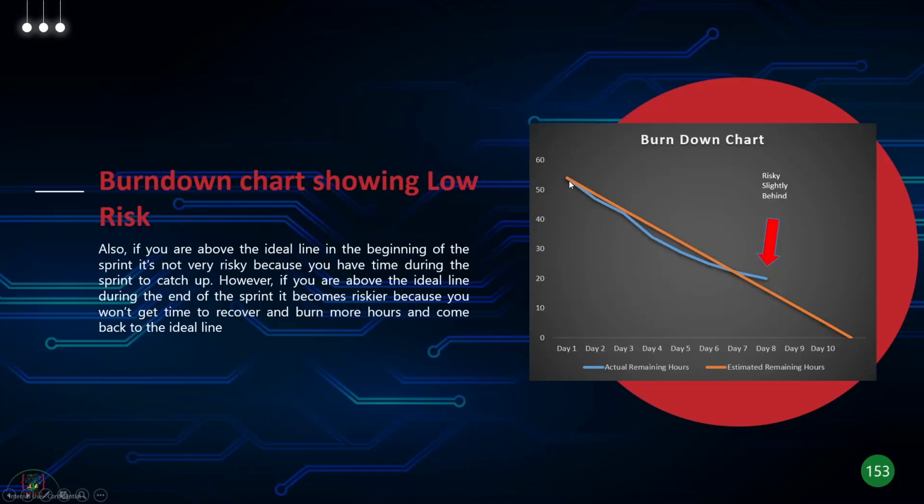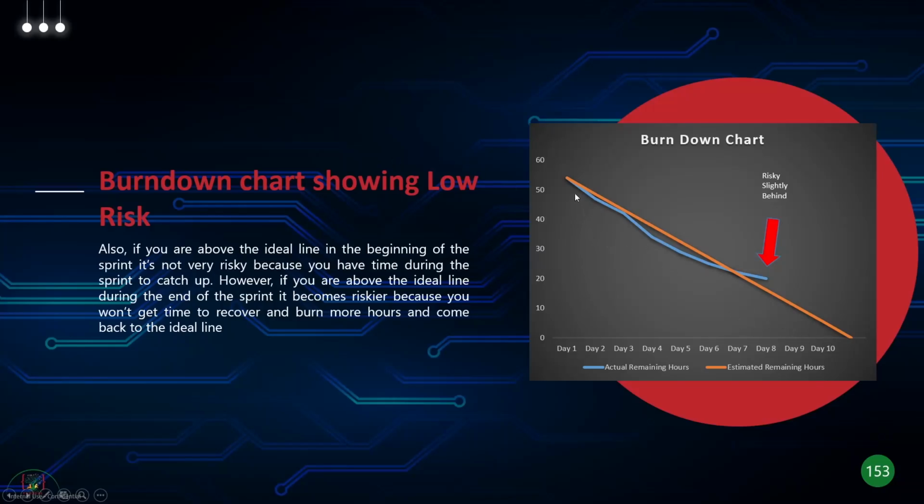So every day you're going to burn some hours, and every day your line is going to vertically come down. And by the end of day 10, the number of estimated hours remaining on the sprint should be 0. So that means you started at whatever hours that you committed, let's say 55, you work through the sprint, right? And then you have to come down to 0 hours at the end of the sprint. That is the ideal line.